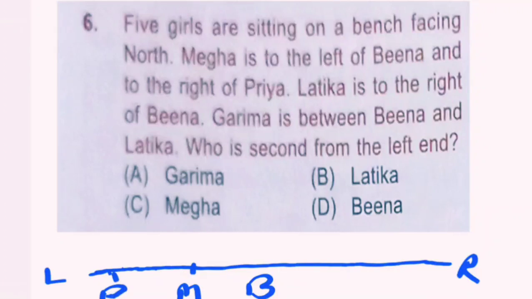Priya's right side is Megha. Latika is to the right side of Beena and Garima is between Beena and Latika. Here Garima. And Latika is right side of Beena. Who is second from the left hand? This is left hand, means who is second? Megha. So C is the correct answer.